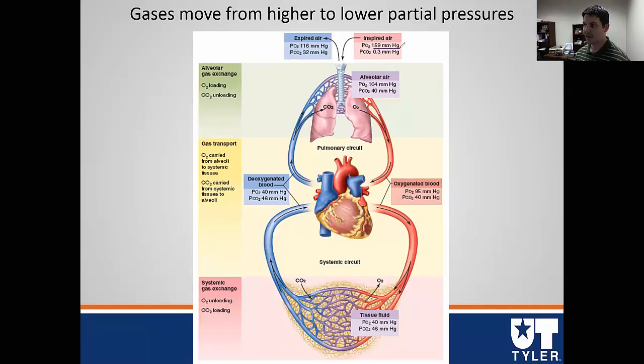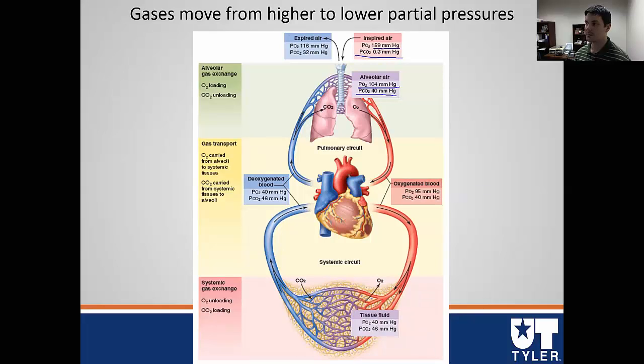We calculated this value earlier. Again, the partial pressure of oxygen in the atmosphere is 159 millimeters of mercury. Once we get it down into the alveoli, our partial pressure of oxygen drops slightly. Our PCO2 is much higher. We'll explain why in a little bit.